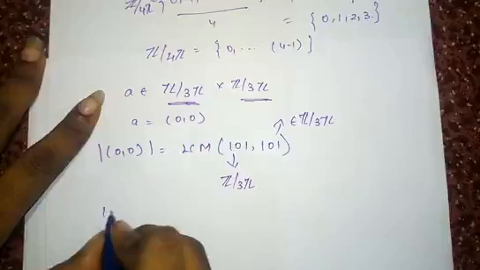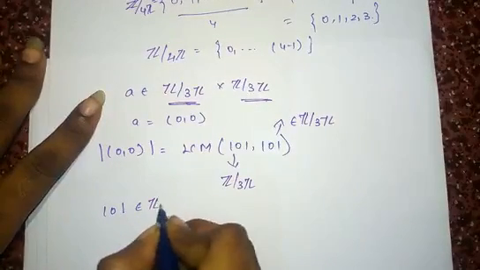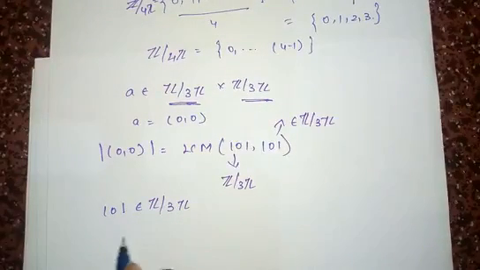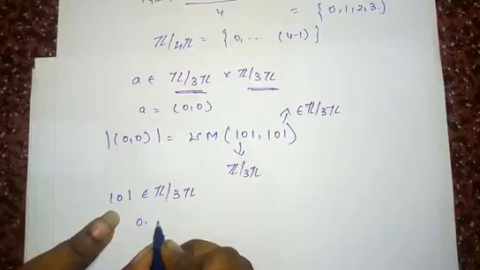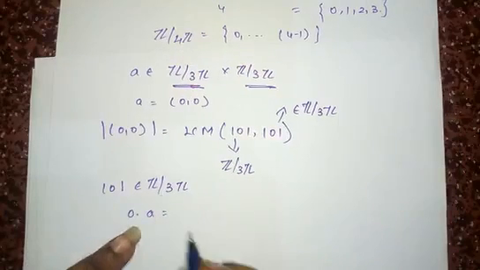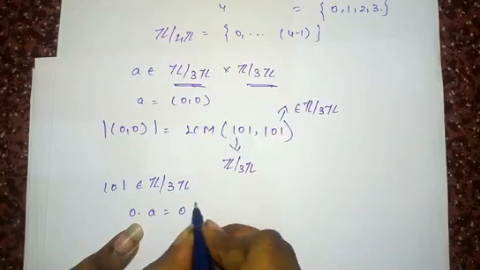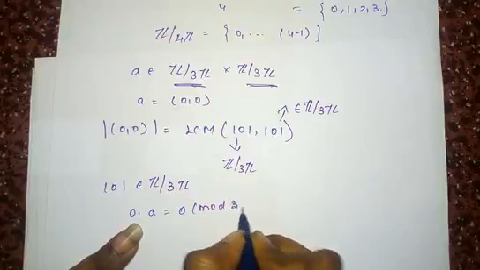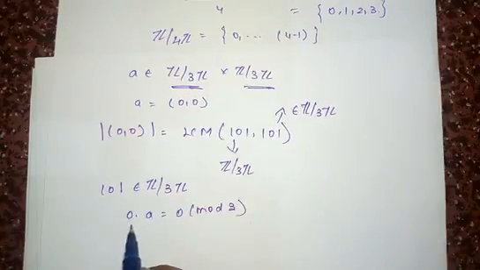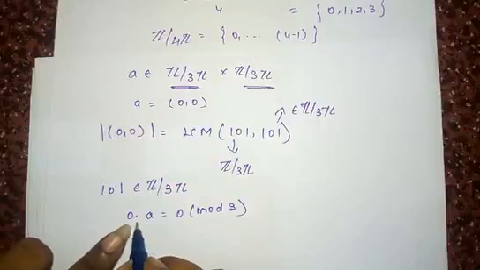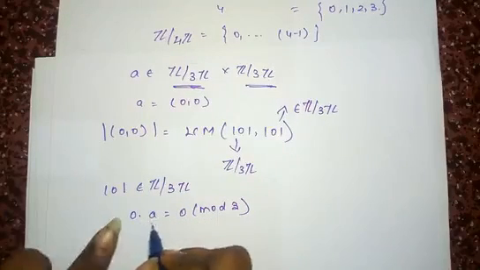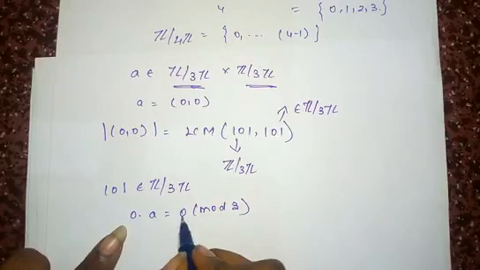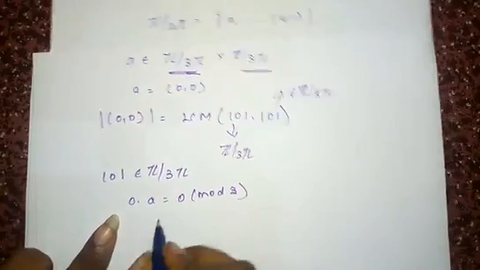First I am going to find the order of 0 in Z modulo 3Z, that is, 0 into A, or you can write B, C, whatever you want, is equal to 0 mod 3. That is, I am going to multiply 0 with any number such that when I divide the multiplied answer by 3, I get the remainder 0.